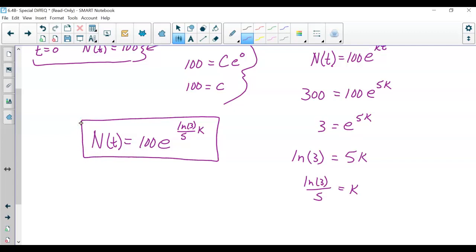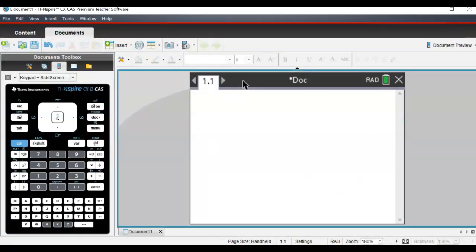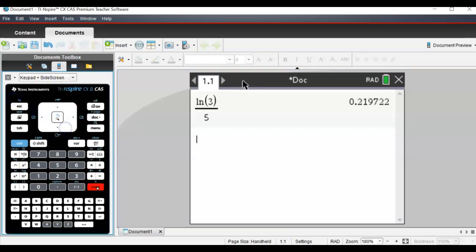Also, this is the next thing you need to know. Using your calculator here, okay, what is the ln of 3 divided by 5? So you open up a calculator page, hopefully, and we say ln 3, and we get out of there and we say divided by 5. Well, what is that as a decimal?